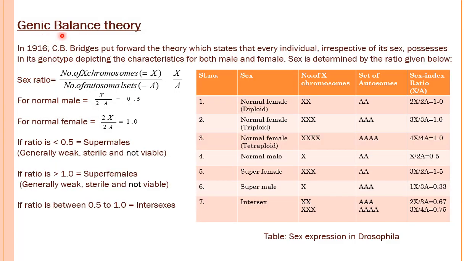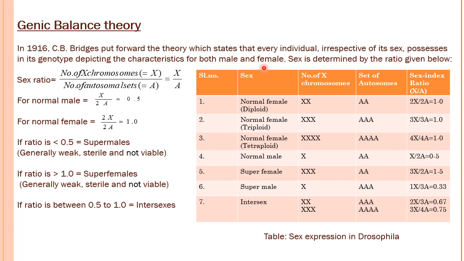Now we will discuss about the genic balance theory. In 1916, C.B. Bridges put forward the theory which states that every individual, irrespective of its sex, possesses in its genotype genes for the characteristics of both male and female. Which sex will actually develop is decided by the balance between the autosomes and sex chromosomes in the individual.